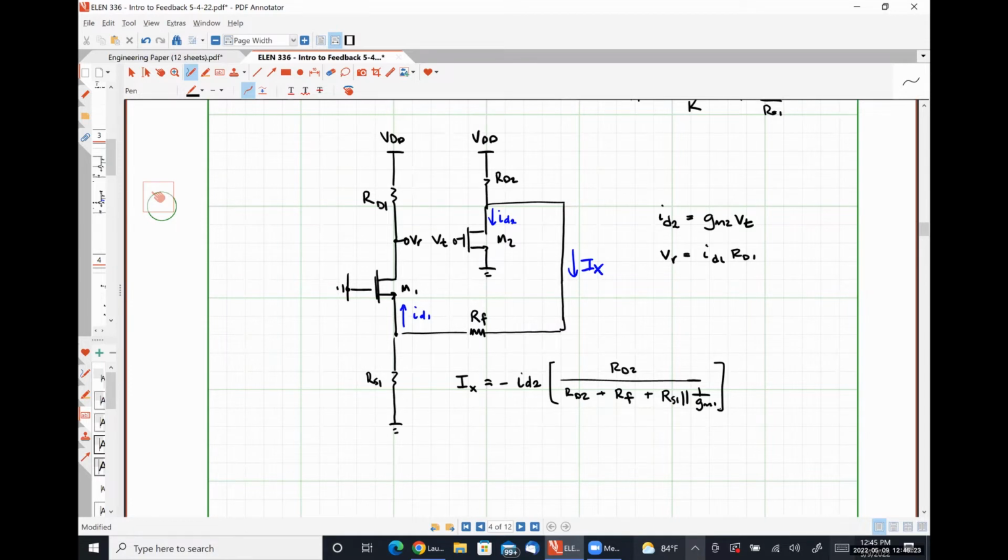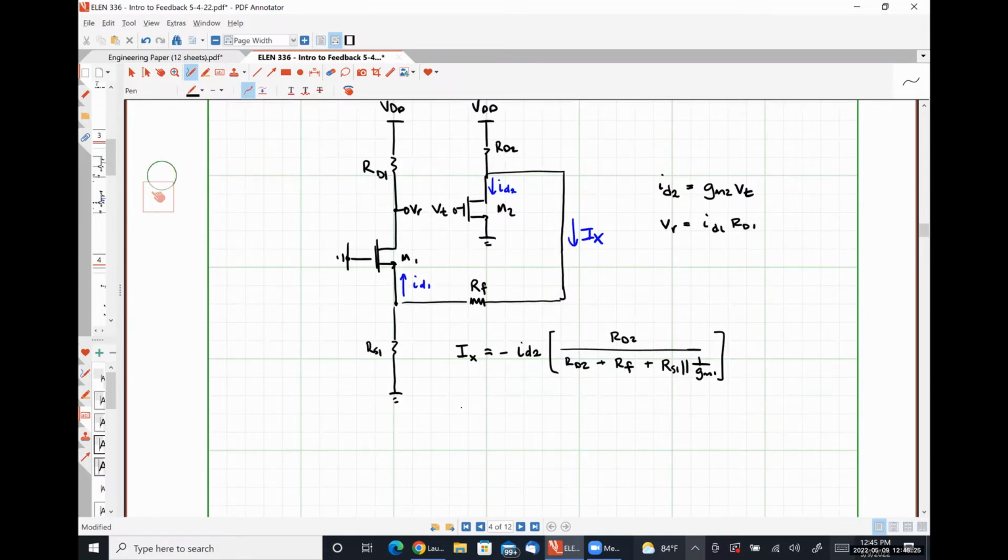So a second application of current division tells us that ID1 is IX times RS1 over RS1 plus 1 over GM1.